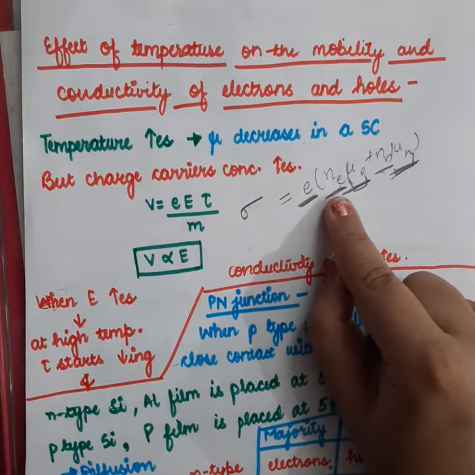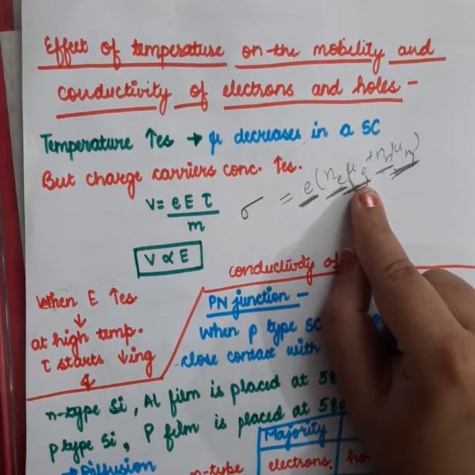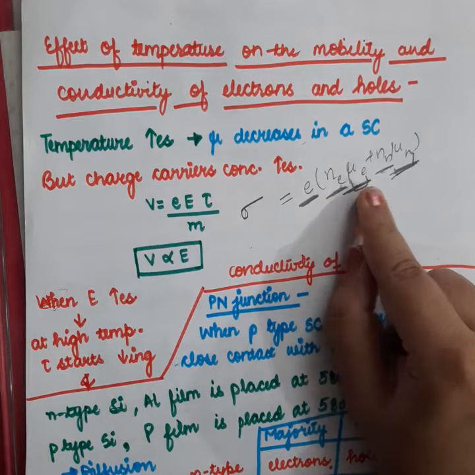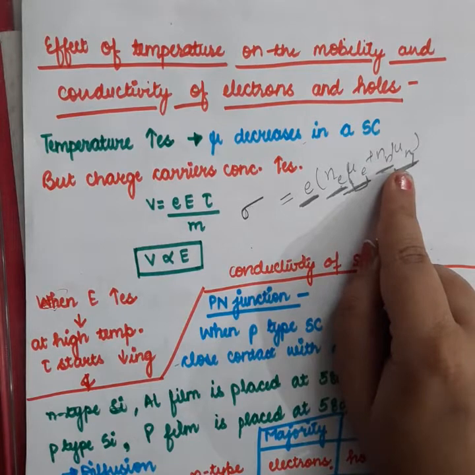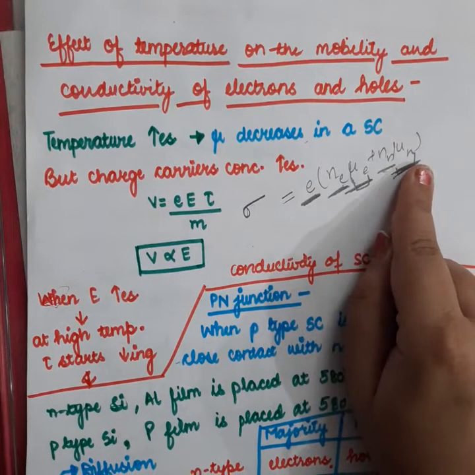Ne means the number density of electrons, which is the number of electrons per unit volume of the semiconductor. Mu e means the mobility of electrons, NH means the number density of holes, which is the number of holes per unit volume, and mu h means the mobility of holes.